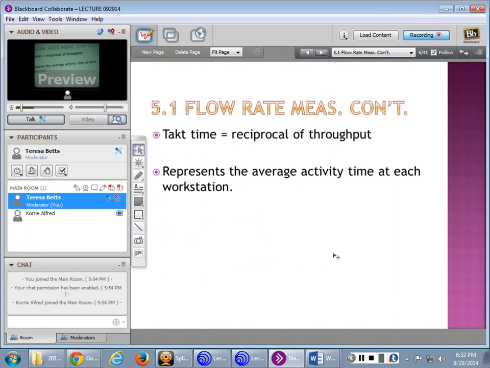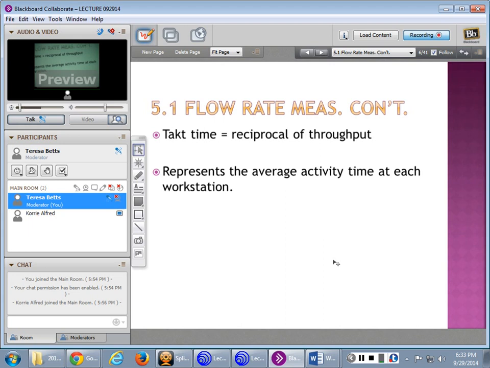Lauren, in 343, we learned about takt time. Did we? Yeah. That's pretty cool. Takt time is basically customer demand. That's what we learned in 343. Takt time says, how often do I need a unit coming off of my production line? Well, what we're learning in this textbook is that that's just the reciprocal of throughput.